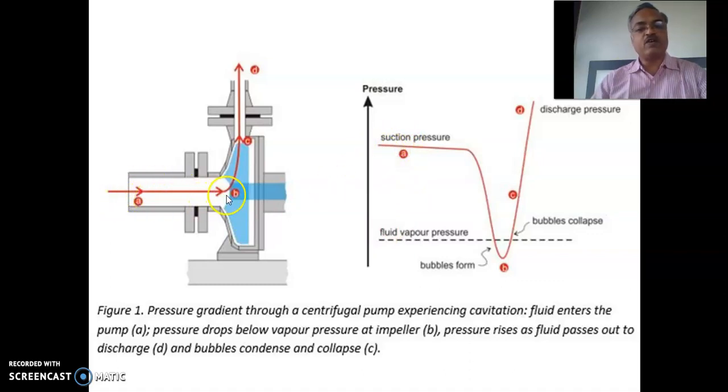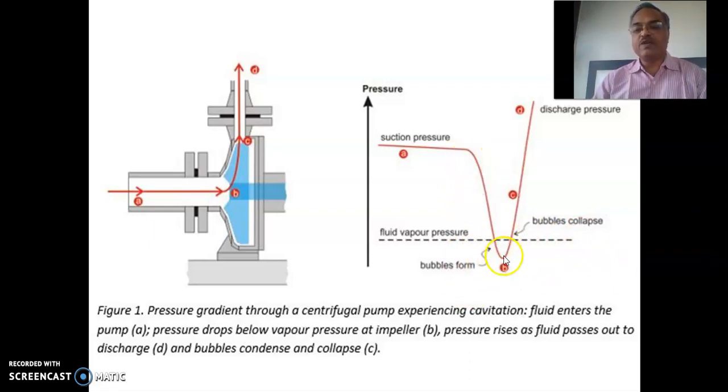From point A to B, there is suction pressure, but it is going in downward direction. So the maximum suction pressure exists at point B, at the eye of an impeller.